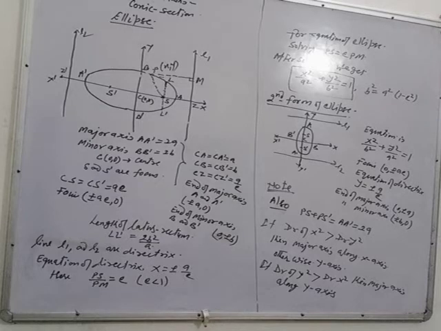Combined, the coordinates of the foci S and S dash are (±ae, 0), where e is the eccentricity. Clear? The length of the latus rectum LL dash is 2b square by a.